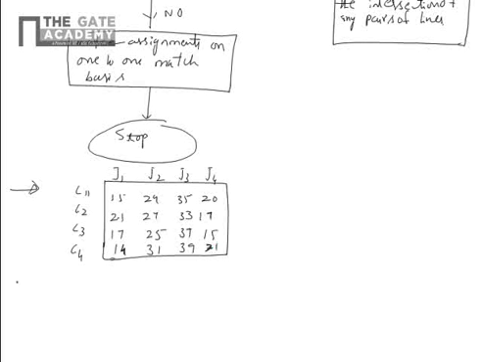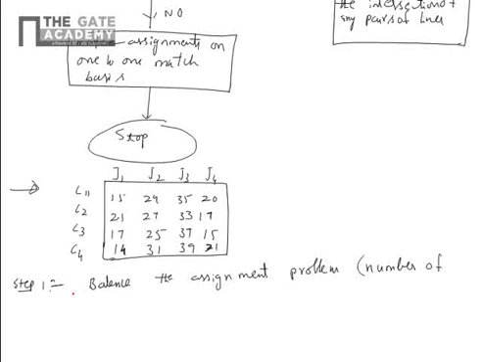Step 1: check that the number of rows is equal to the number of columns. Balance the assignment problem, that is, number of rows equal to number of columns.